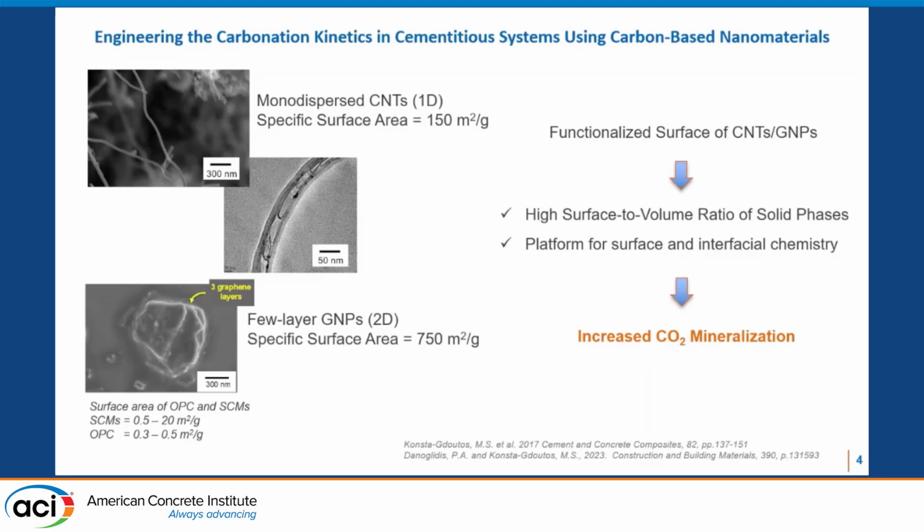This is just a small hint of how we can significantly increase the surface to volume ratio of the solid phases inside concrete by using tiny amounts. Usually, these amounts are less than 0.5% of the weight of the cementitious materials that we are using.